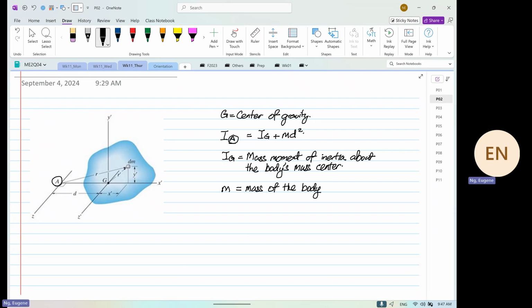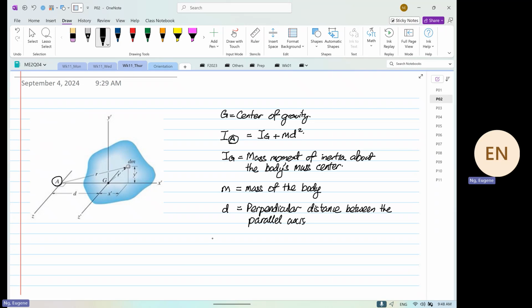And then you have D, which corresponds to the perpendicular distance between the parallel axes. Okay.